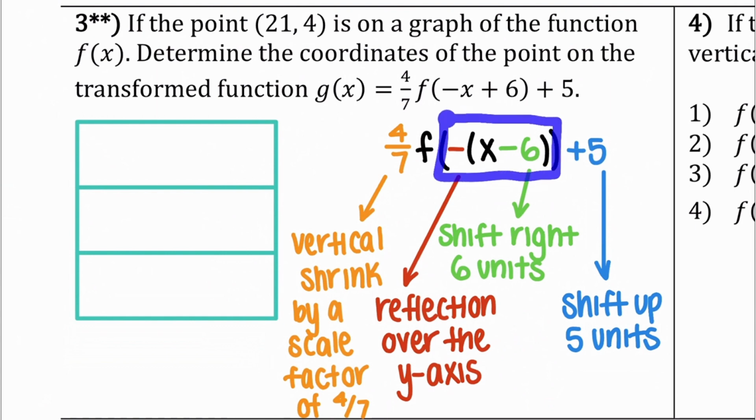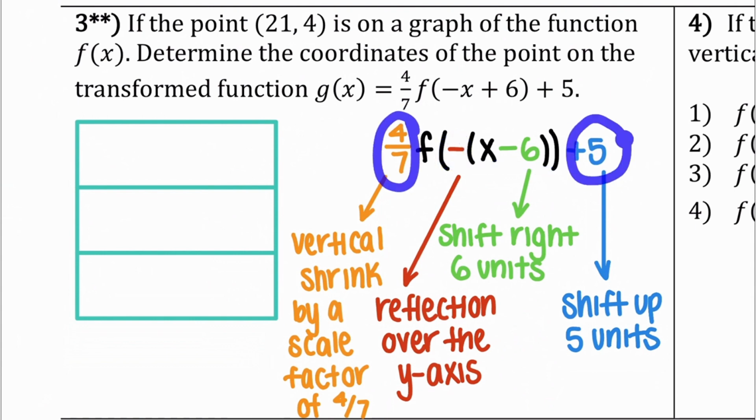When we talk about transformations on our inputs, we always want to work with order of operations, or in other words, inside out. So we do whatever's inside the parentheses first and then negate. While influencing the y values, because we have 4/7 and plus 5, we have to work from left to right, so that tells us to do the 4/7 first and then the plus 5.